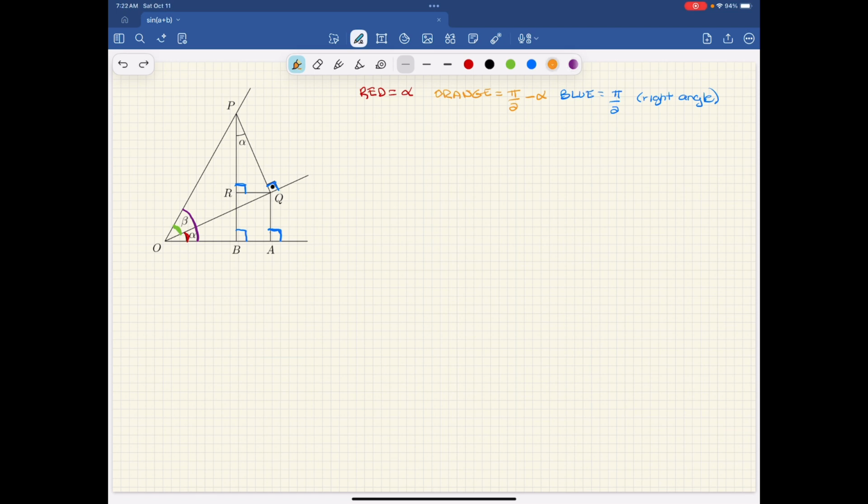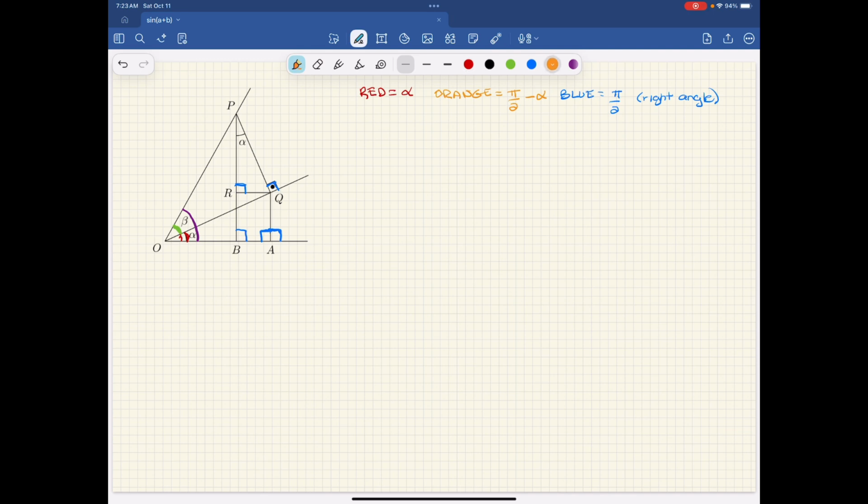Remembering that the interior angles of any triangle have to sum to pi radians, which is 180 degrees, we see that this angle up here has to be pi over 2 minus alpha radians, so that we get this angle, pi over 2 minus alpha radians, and this angle here, pi over 2 radians, and this angle here, alpha radians, sums to a total of pi radians.